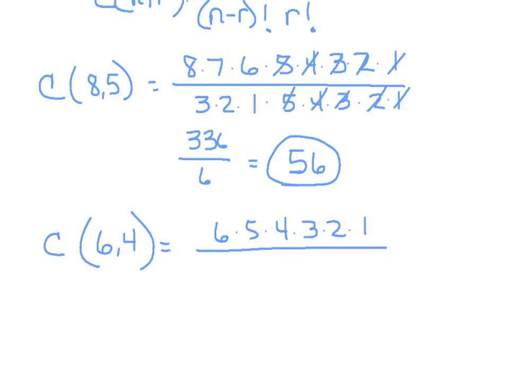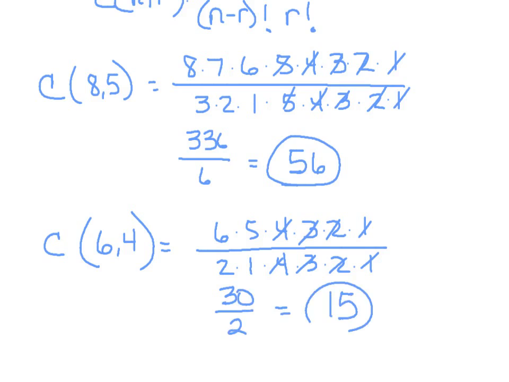Then we have 6 minus 4 is 2. 2 factorial is 2 times 1, times 4 factorial, 4 times 3 times 2 times 1. Notice that all of that cancels, and we have 30 divided by 2, which is 15.